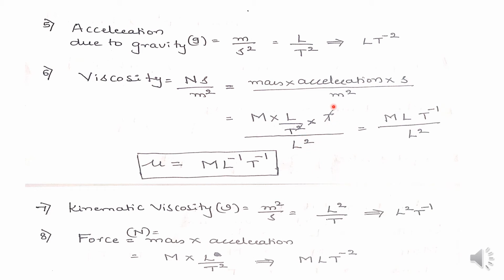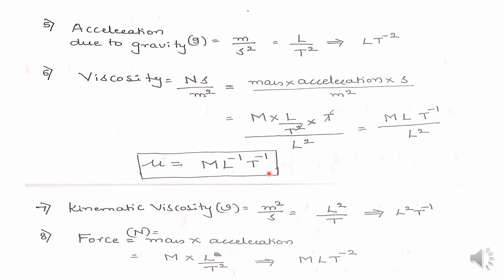So in the numerator my equation will be M L t to the power minus 1 divided by L square. Taking this to the numerator, plus 1 minus 2, this will be M L to the power minus 1 t to the power minus 1. So this is the dimension for measuring the viscosity.